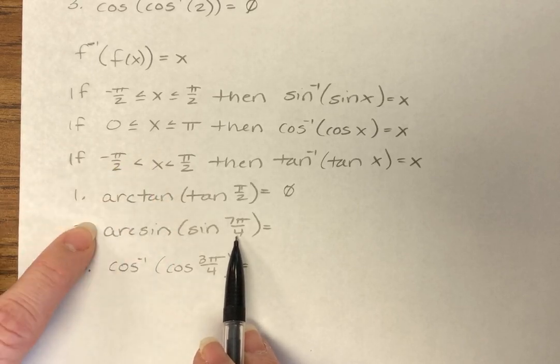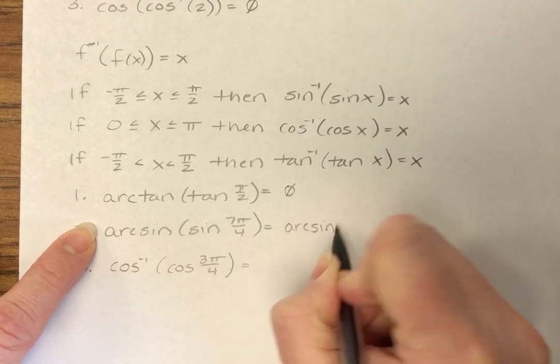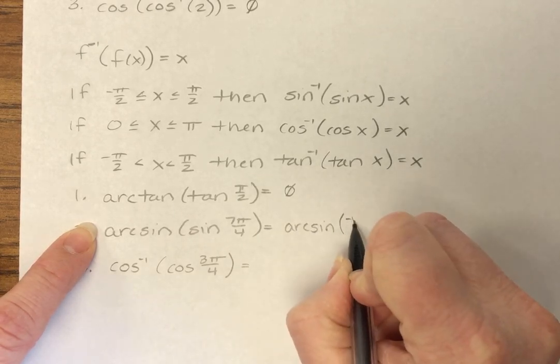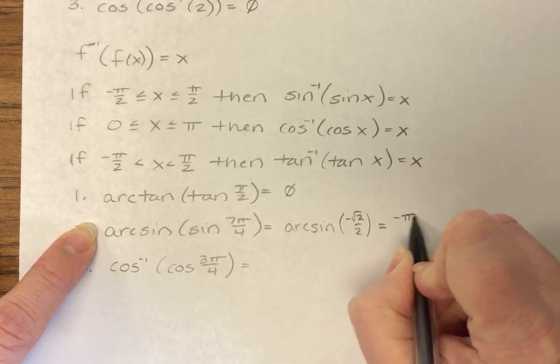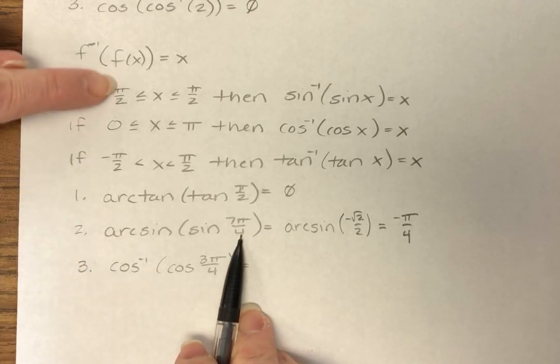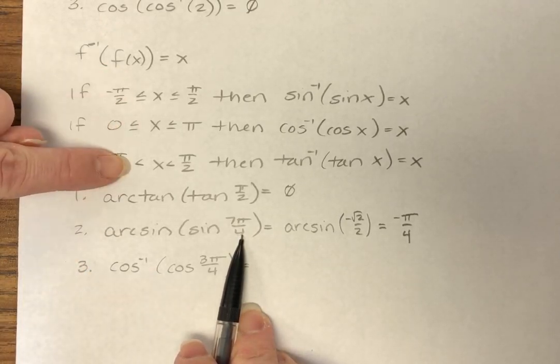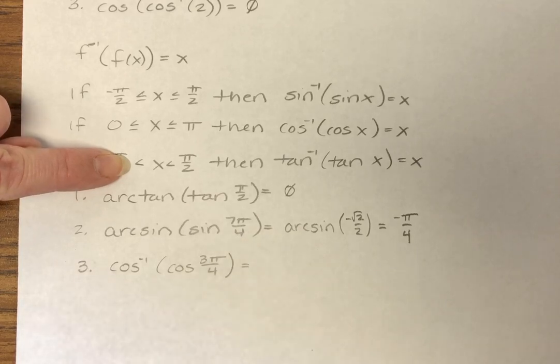Then the inverse sine of -square root of 2/2 would be equal to -pi/4. So if this value is not within this domain, then you just have to go through the process and figure it out.